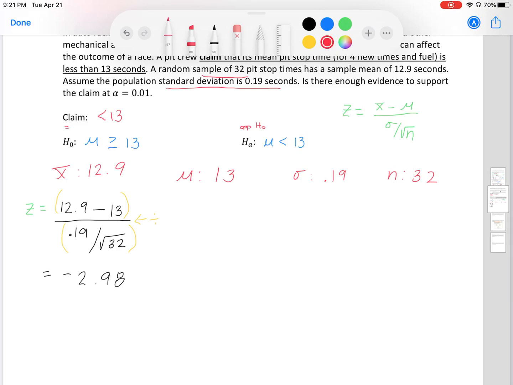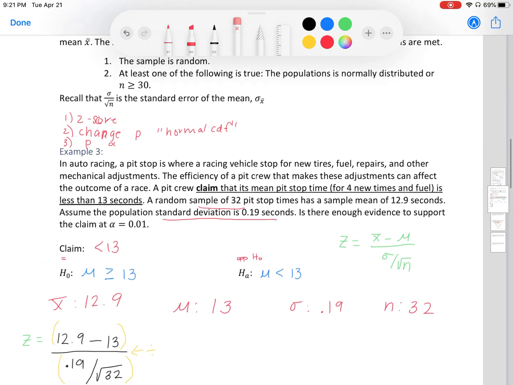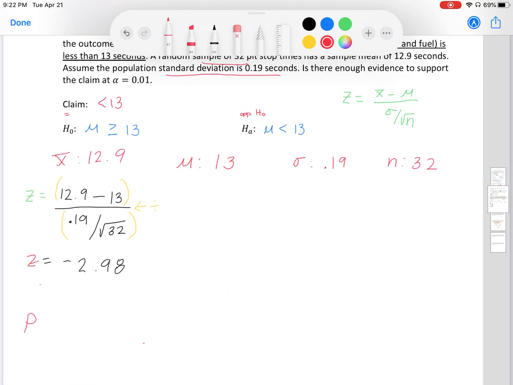Okay, we need to change this to a p-value. We found z, we need to find that p. So we do binom, I keep saying binomial. It's normal, right? We wrote above normal. We do normal CDF, and that's going to give us our percent for our z-score.